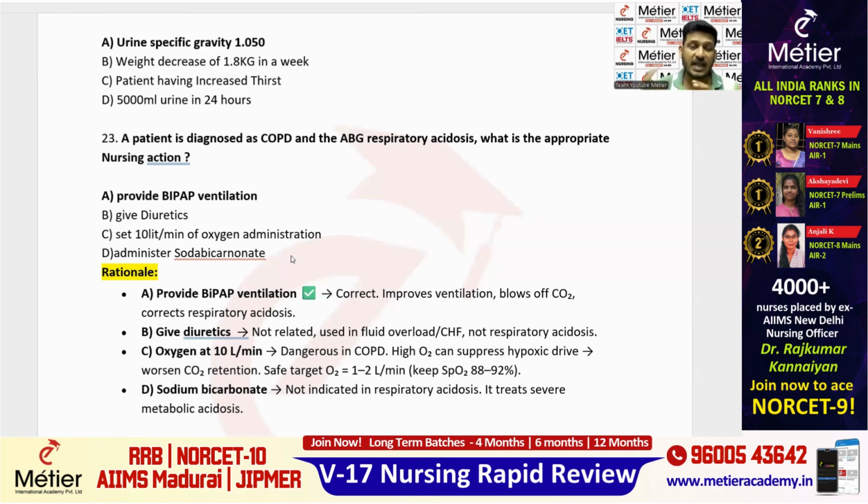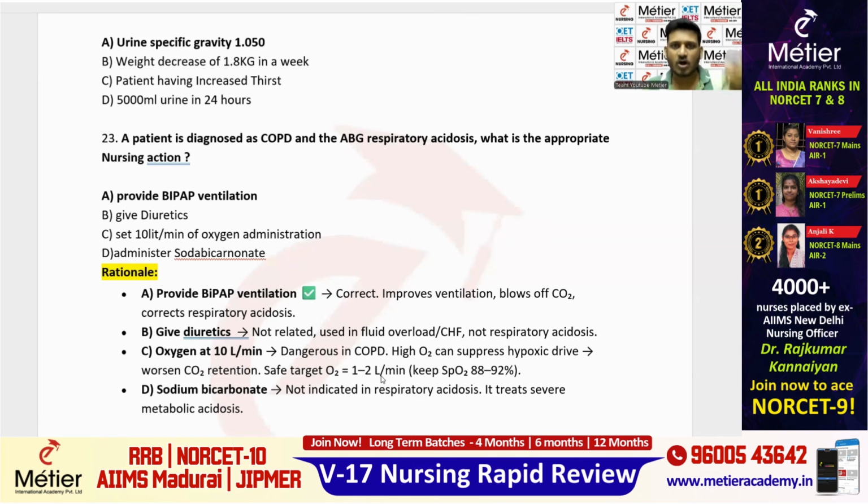The hypoxic drive works whenever the oxygen level is decreased. When the oxygen level is decreased, this hypoxic drive will get activated and maintain the respiration. Understand, guys? Fine. So on the whole, what I want to say is that for a COPD patient, the maximum or normal amount of oxygen delivery should be only 1 to 2 liters per minute.